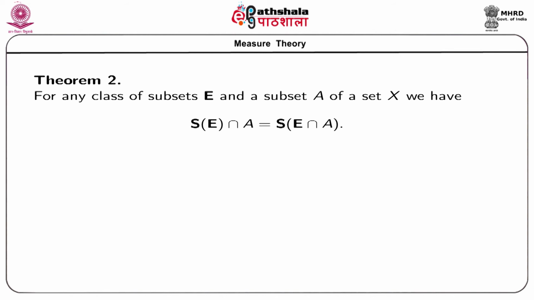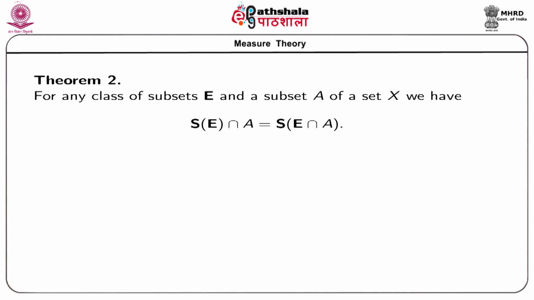For any class of subsets E and a subset A of the set X, we can prove that S of E intersection A is equal to S of (E intersection A).